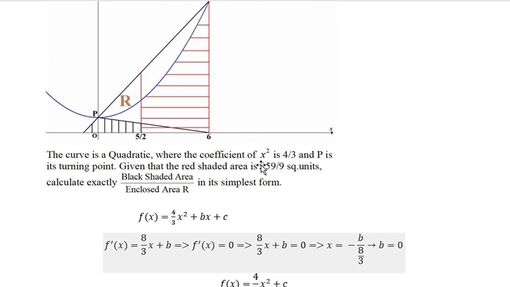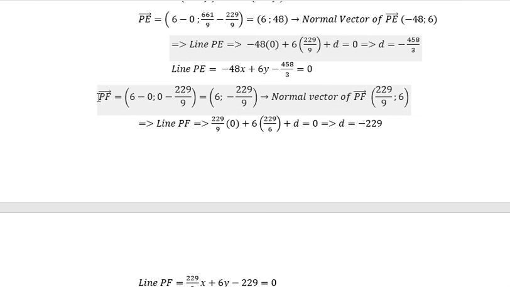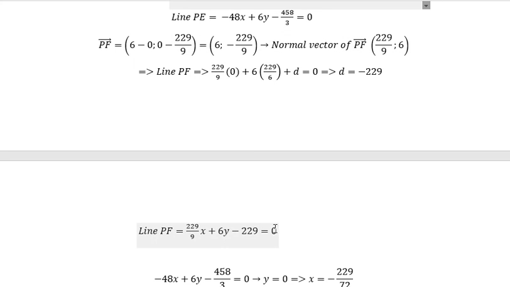The next one, we find the area from 0 to 5 over 2. We can use the integral of PF, so we have the equation of the line here. We can find the value of y, so we put this number on the right and divide by 6.